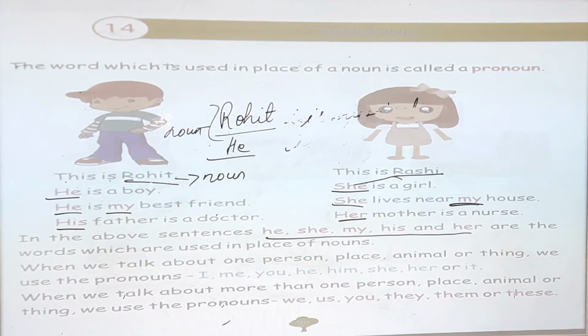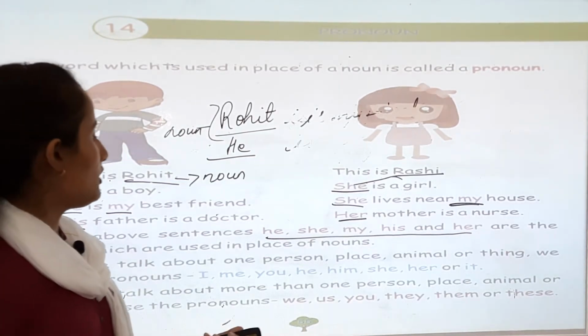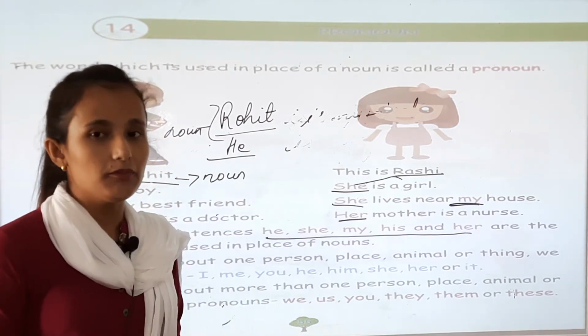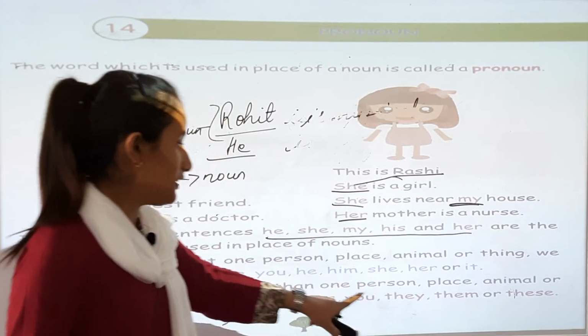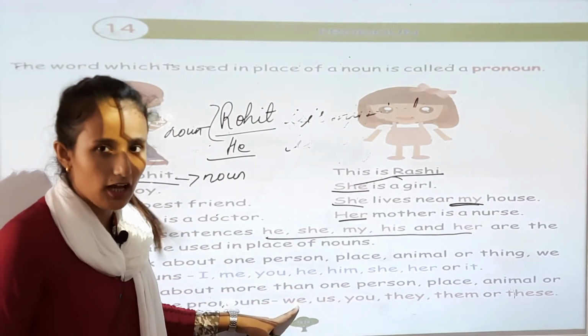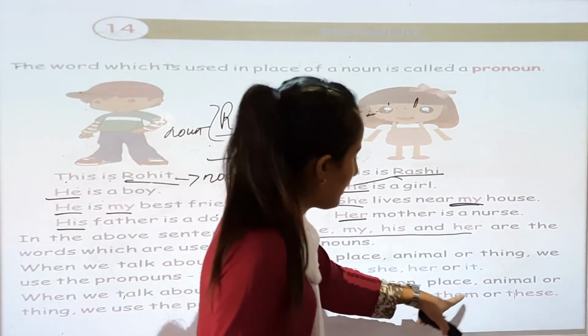So, when we talk about more than one person, place, animal or things, we use the pronouns we, us, you, they, them or this. So, in a plural word, we use we, us, you, they, them and this.